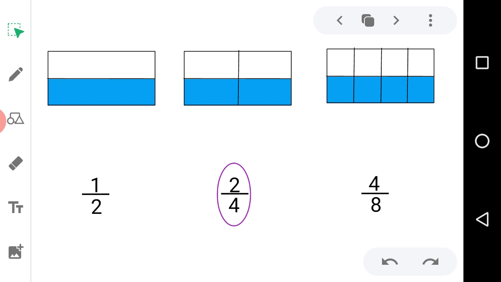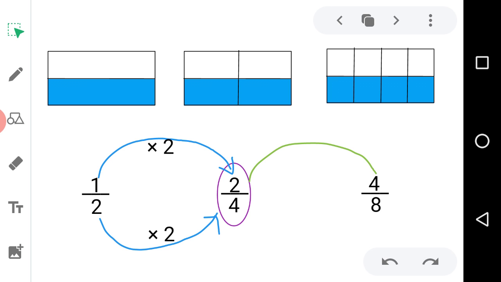If we multiply 1 by 2, we get 2. And if we multiply 2 by 2, we get 4. 2 2s are 4. So we get an equivalent fraction by multiplying the numerator and denominator by the same number.